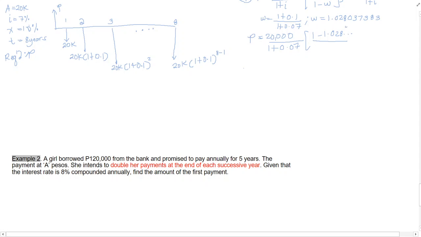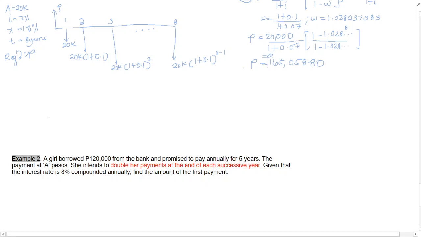Getting the exact value for W, that is 1 minus 1.02803 and so on. So our P, our present worth, is equal to 165,058.80 pesos. So that is the present worth for that one.